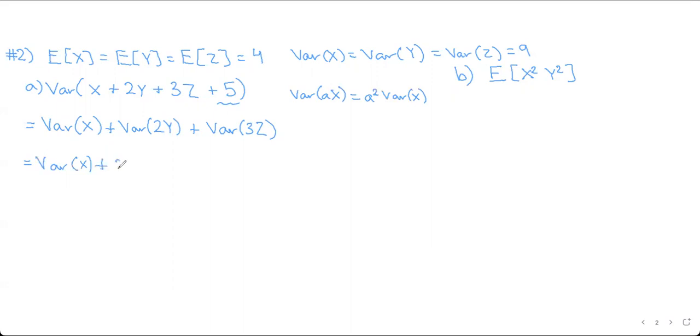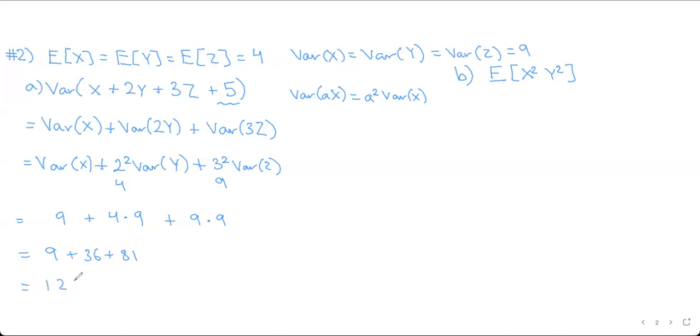Then we do 2 squared times the variance of y plus 3 squared times the variance of z. Okay, and of course this is 4, this is 9. So we can plug in our variance values. We know the variance of x is 9. We do 4 times 9, and then 9 times 9. Okay, so that's 9 plus 36 plus 81, and that gives you 126.